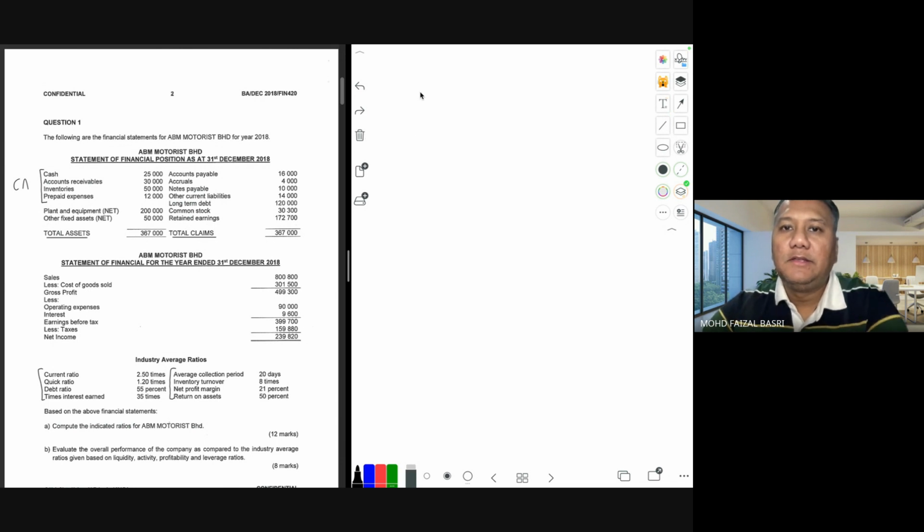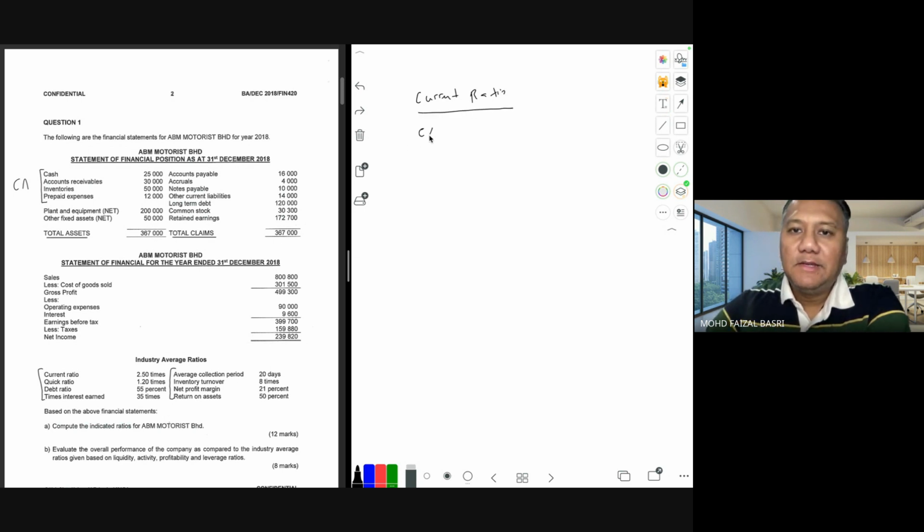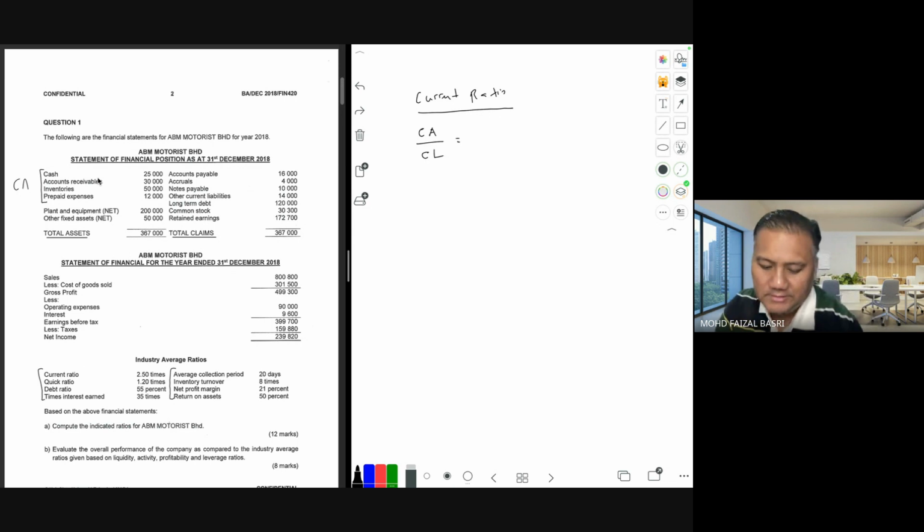Okay, this is the current ratio. The formula is current assets divided by current liabilities. For the current assets, you need a calculator, obviously. You need to add all the information.